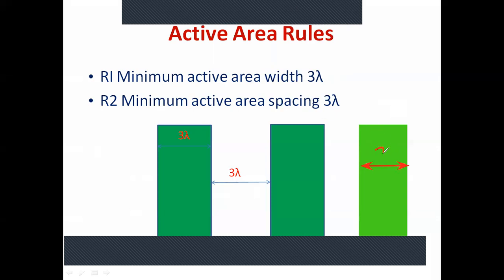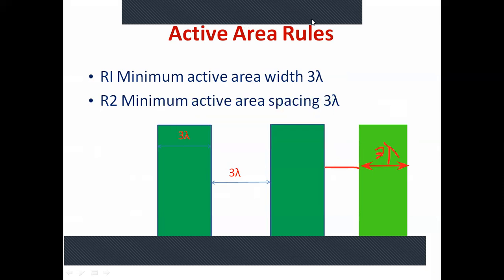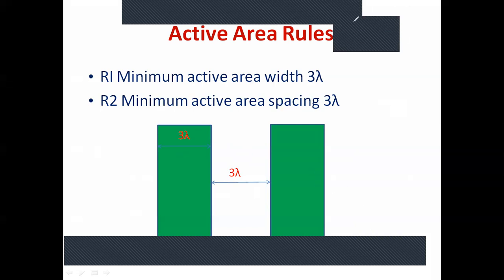It should be 3 lambda, and the spacing between them should also be 3 lambda. So these are the two rules basically: one is the width, the other is the separation, or spacing.